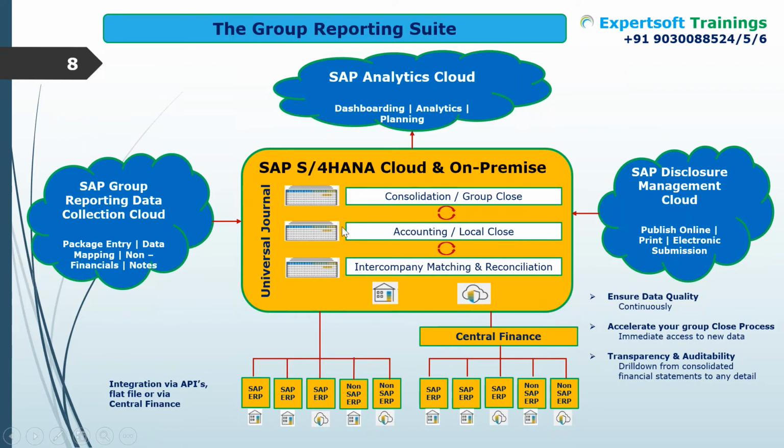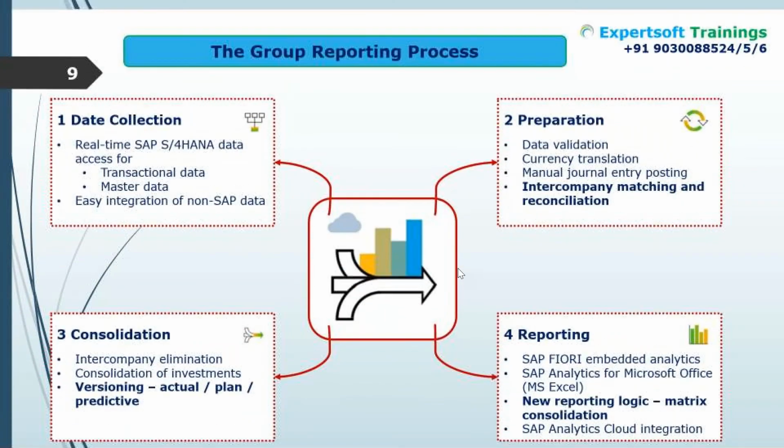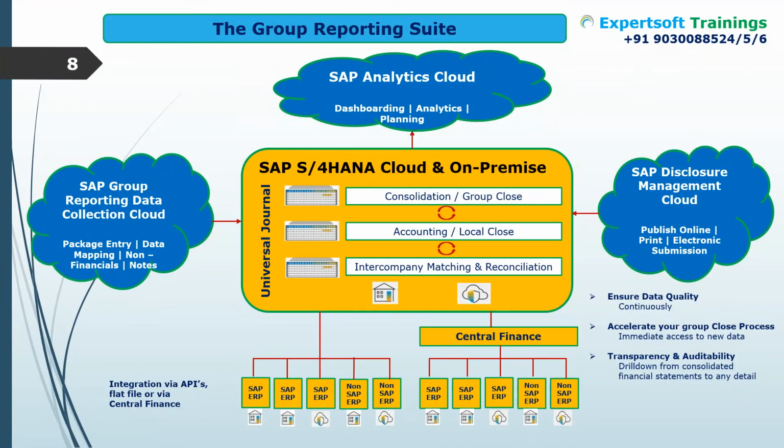And this orange box, whatever we just discussed earlier, is still applicable even in the central finance scenario. So if anybody implemented just central finance, they can still go for the group reporting. That is possible.